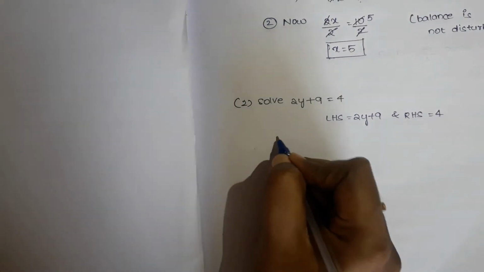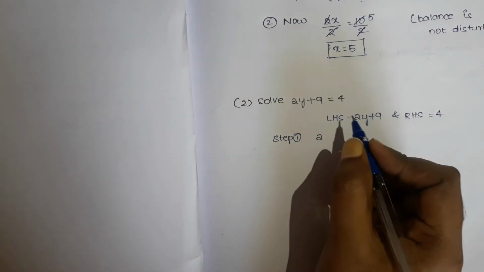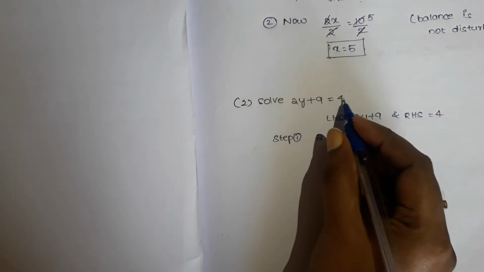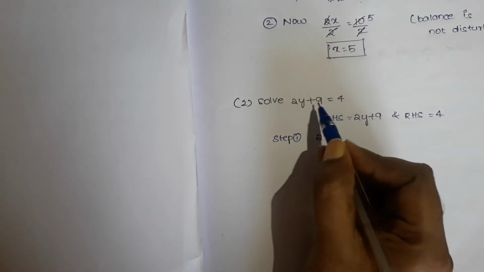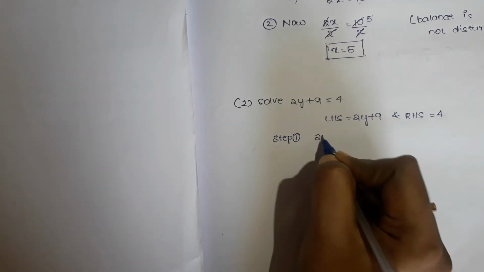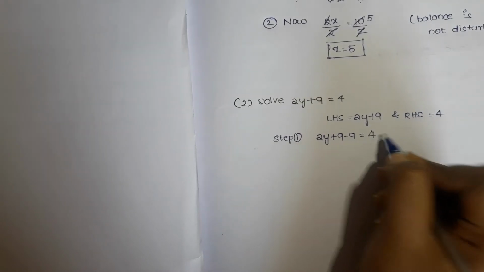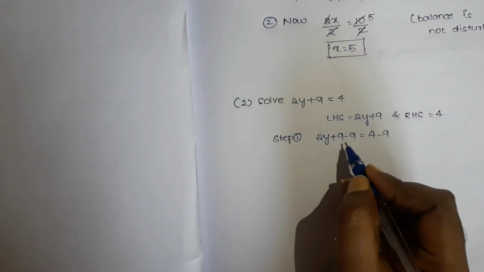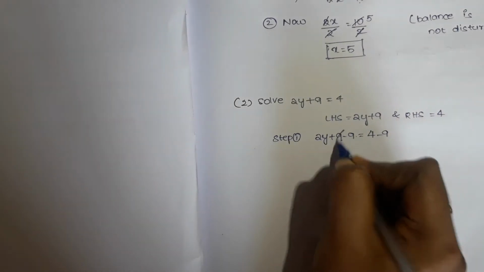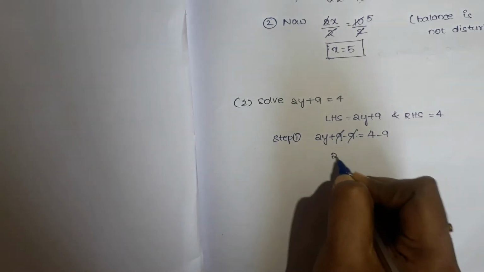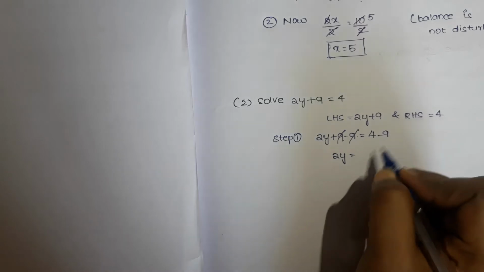Now we will do step 1, that is adding minus 9 on both sides, because here there is 9. In order to cancel this 9 we have to add minus 9, that is 2y plus 9 minus 9 equals 4 minus 9. Here this 9 and minus 9 get cancelled and 2y equals 4 minus 9, minus 5.